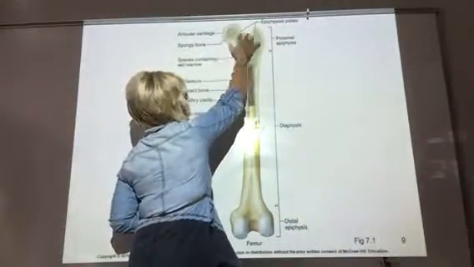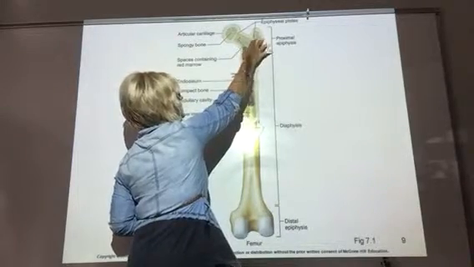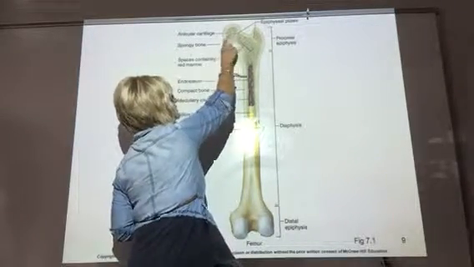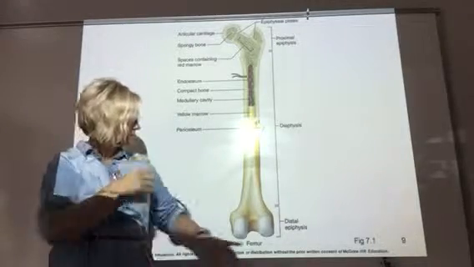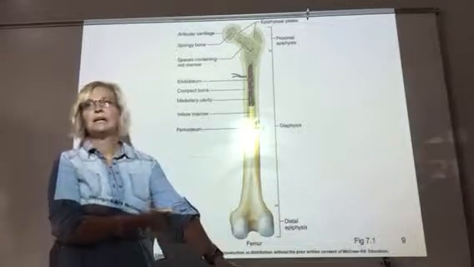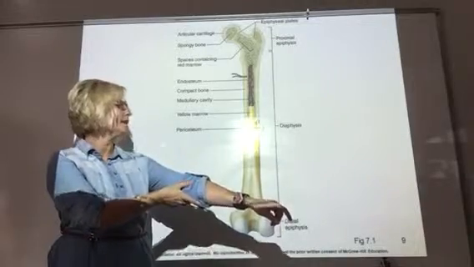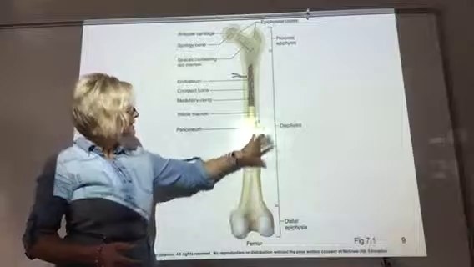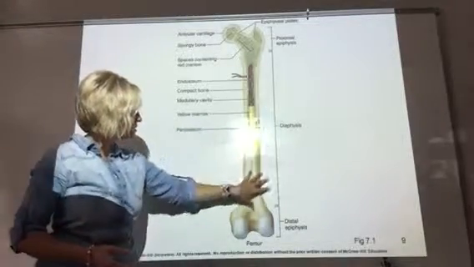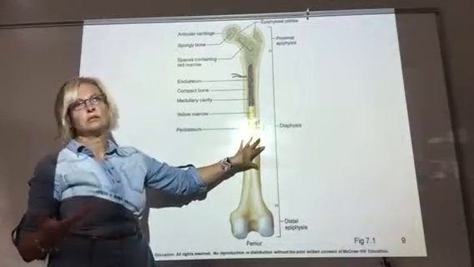Proximal means closest to the point of attachment, so this might be my shoulder, so that would be the proximal attachment. Distal is going to be further away from the body. Each end is an epiphysis. The diaphysis then is just this long middle part of the bone.